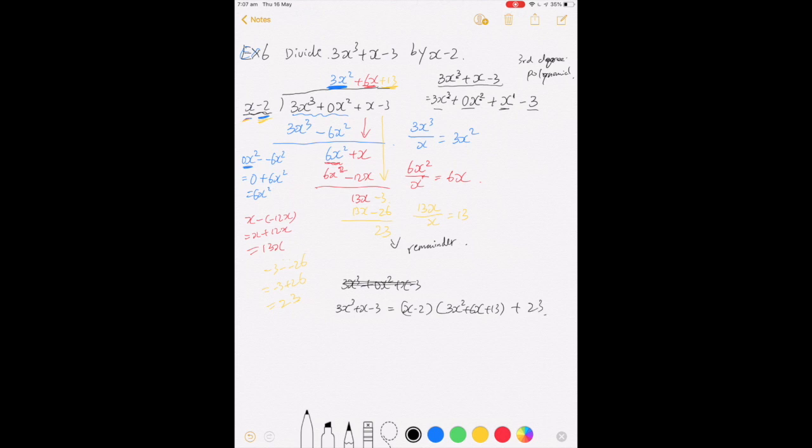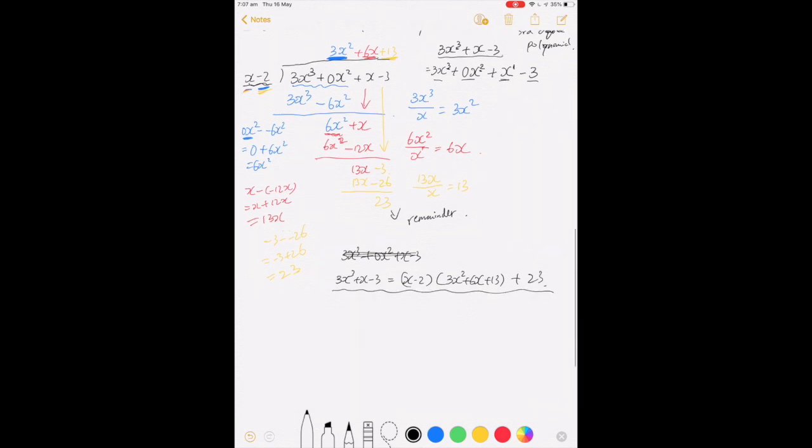Another form is dividend divided by divisor equals the quotient plus the remainder, and the remainder cannot be divided by x minus 2, so we write x minus 2 under it. You should be familiar with these two forms.